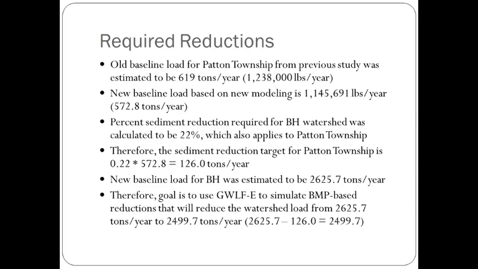Therefore, the goal in our new modeling will be to use GWLF-E to simulate BMP-based reductions that will reduce the watershed load from 2,625.7 tons per year, which is the new baseline load for the watershed, to 2,499.7 tons per year, which is the baseline minus the load reduction. And that's what we will try to achieve with the modeling that we will now start.